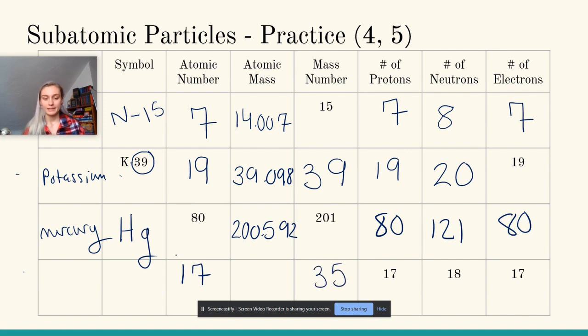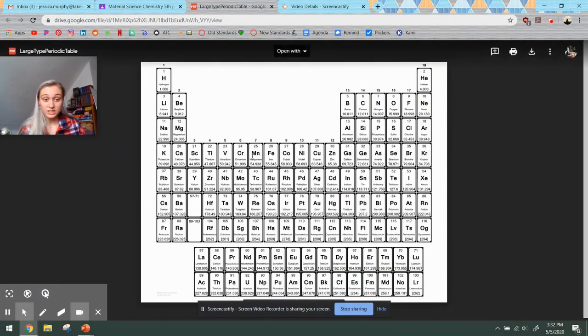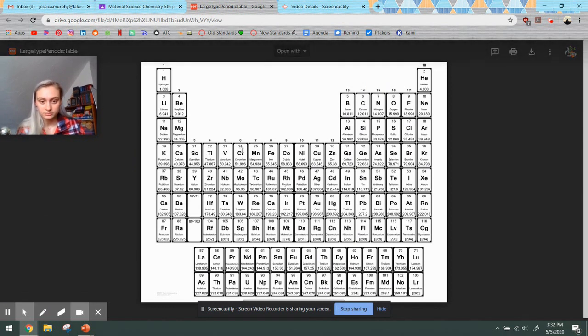Okay. And so now we need the atomic mass, the symbol, and what element this is. So let's go to the periodic table one last time. So our atomic number is 17. So let's look for 17. Oh, atomic number 17 is right here. And it looks like it's chlorine. So our element name is chlorine.